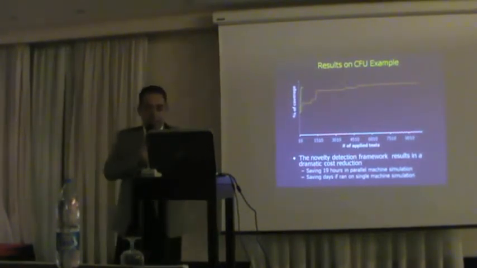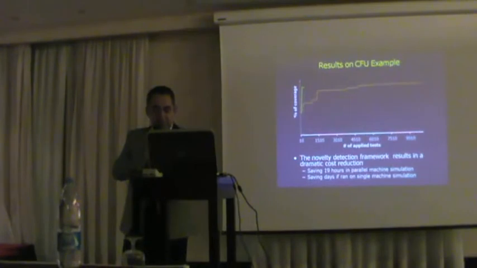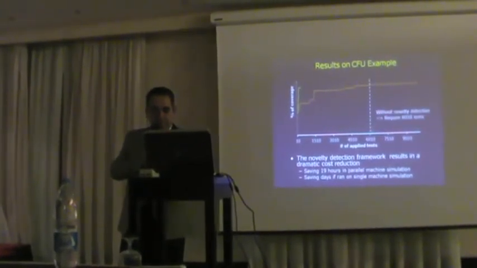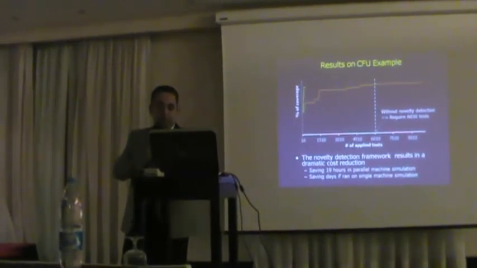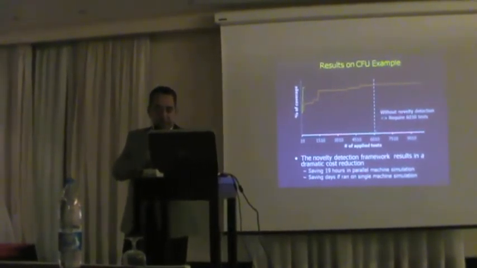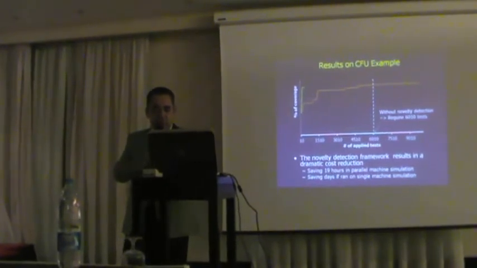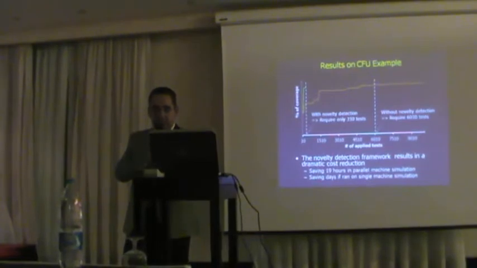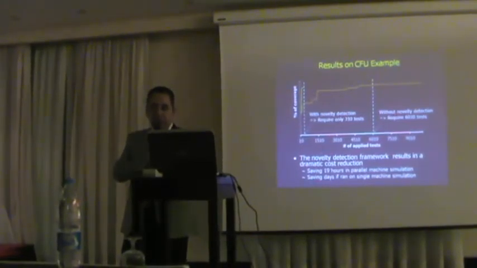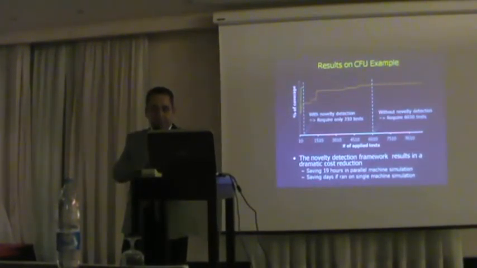So massive speedups, 300 instead of 10,000. Actually, we can stop the simulation around 6,000 if we do it the old way. With novelty detection, you can only simulate 310 tests.